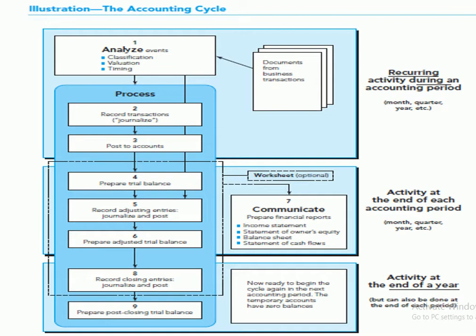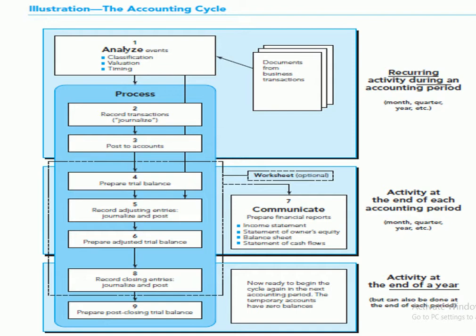Definitely the source documents are important to give you the proper classification of the transactions, to value a transaction in monetary terms. Every transaction is to be valued in monetary terms, because by definition, a transaction is a business activity, an economic activity that can be represented in terms of money. So money is the measuring rod through which you value a business transaction.